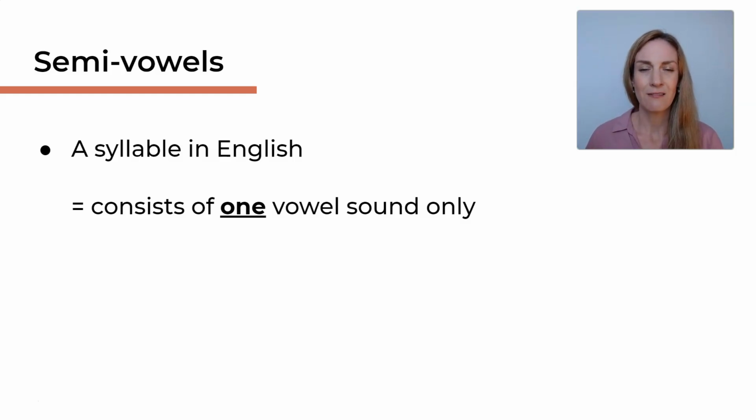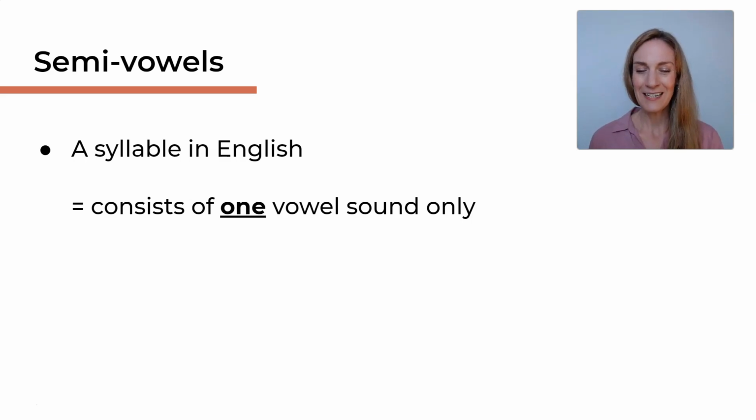So that is the real important difference, because remember, a syllable in English consists of one vowel sound and one vowel sound only. And so semi-vowels are not full vowels because they do not make a syllable in English. So hopefully that's clear.